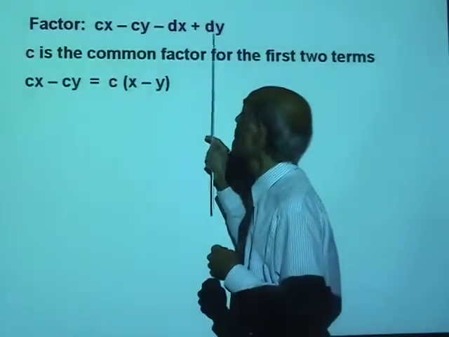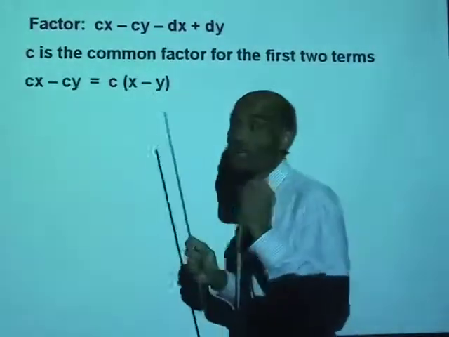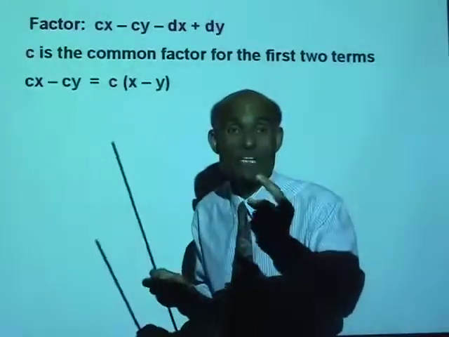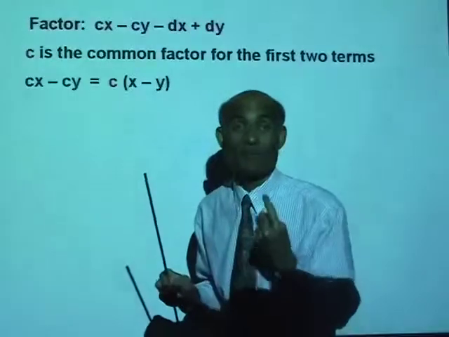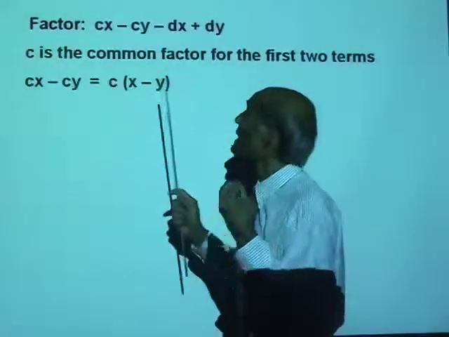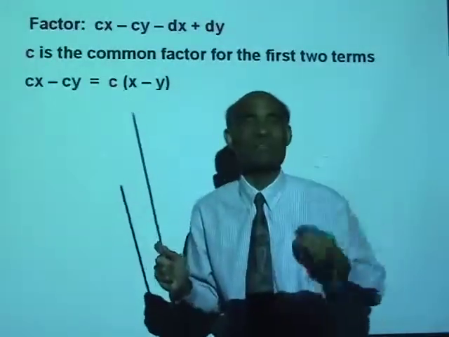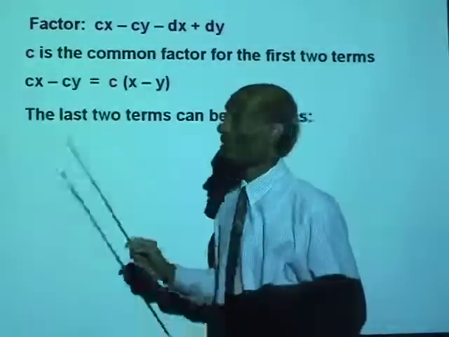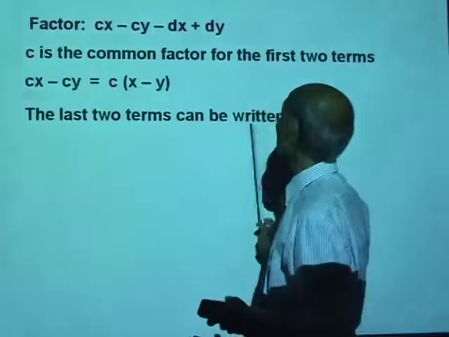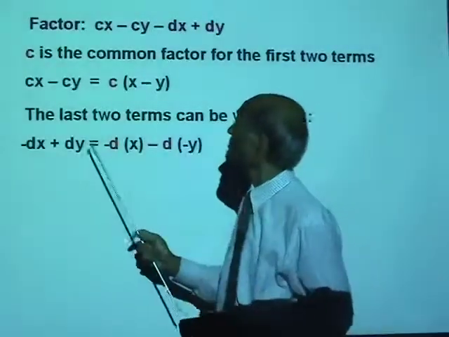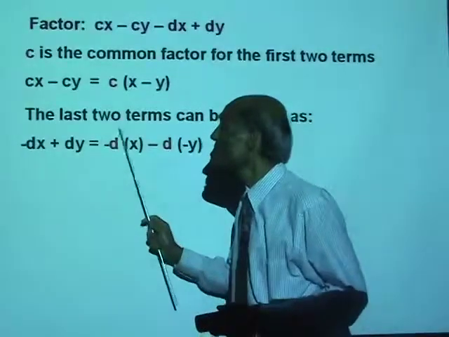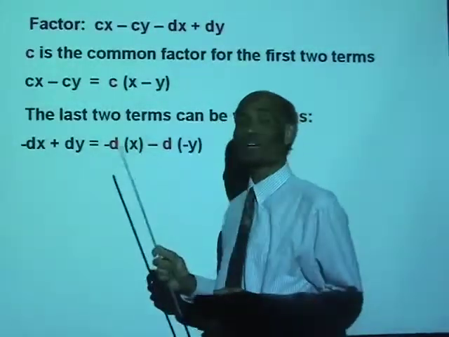Minus dx plus dy. What is the common factor there? I know some of you told me it is d. Well, you need to factor out a negative d from there. Now, the last two terms can be written as, look at the way I'm going to write it. Negative dx is negative d times positive x.